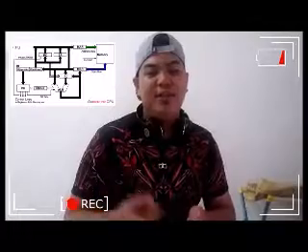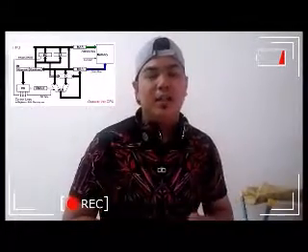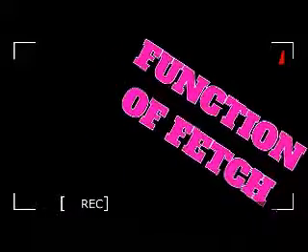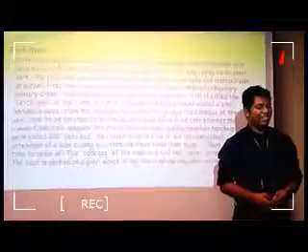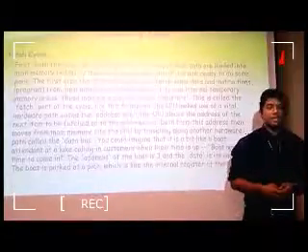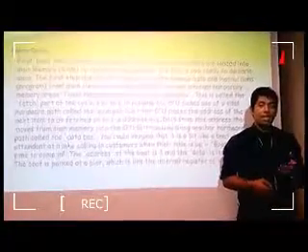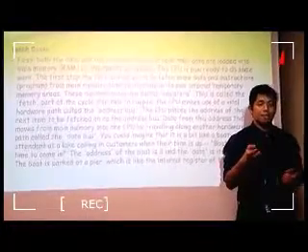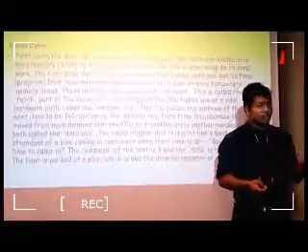The control unit fetches the instruction's address from the memory unit. Function of fetch. Fetch cycle. First, both the data and the program that acts upon the data are loaded into the main memory, RAM, by the operating system.